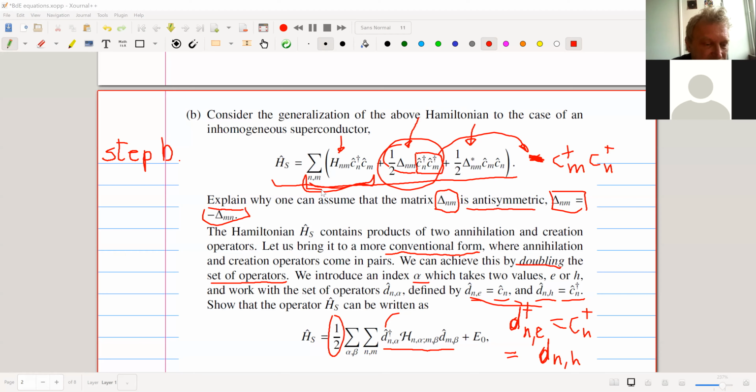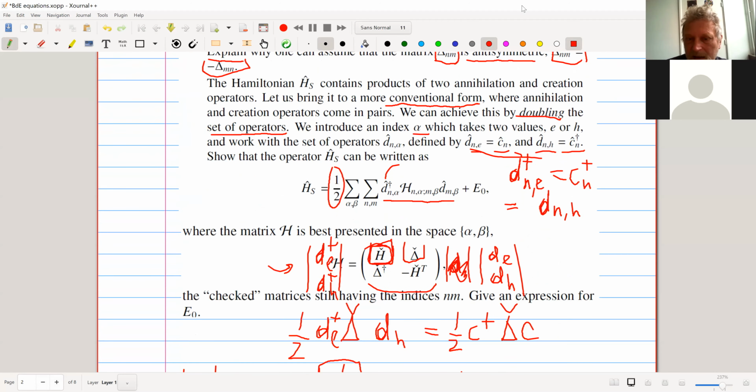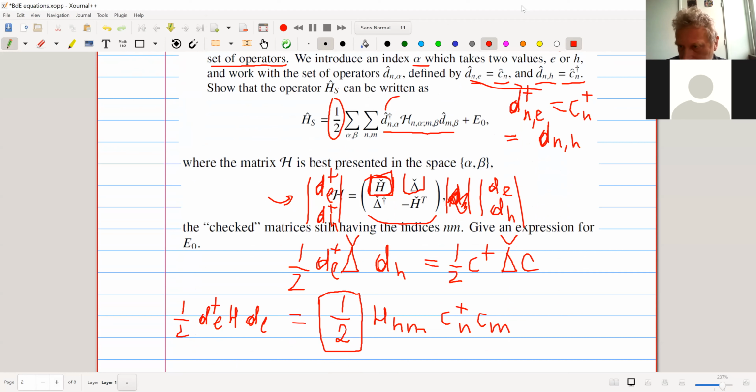What do these reversed operator heads mean? These reversed operator heads are called checks. This is to distinguish an operator, a combination of creation and annihilation operators, from a matrix.